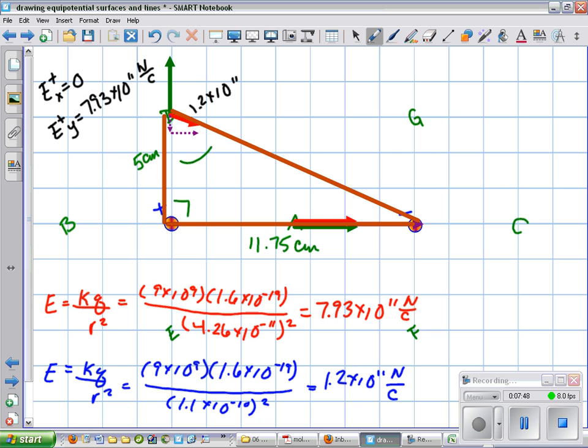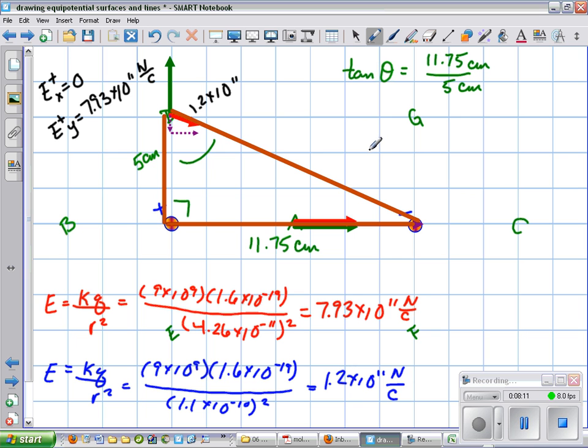I have an opposite and adjacent, so I'm going to do tangent. So tangent of theta is equal to opposite divided by adjacent.